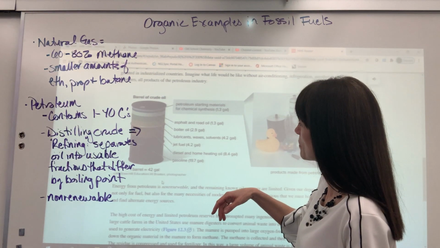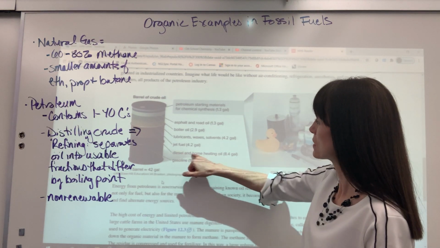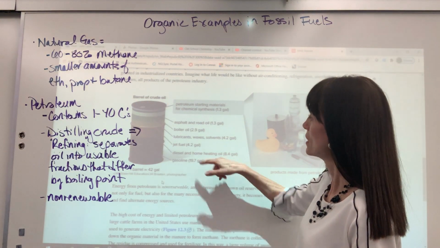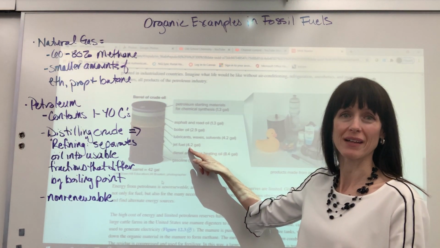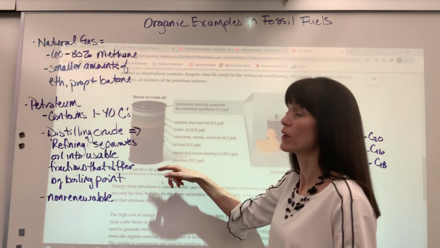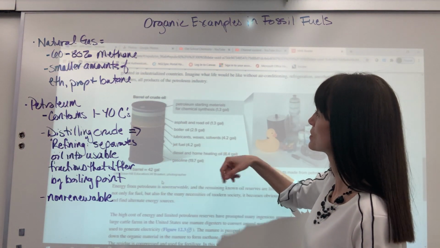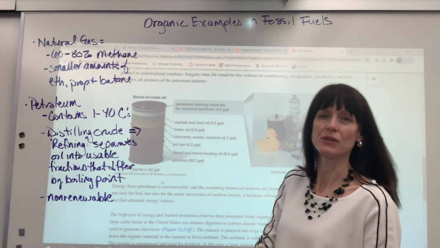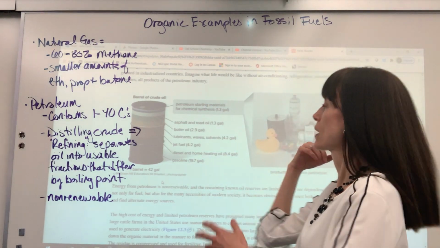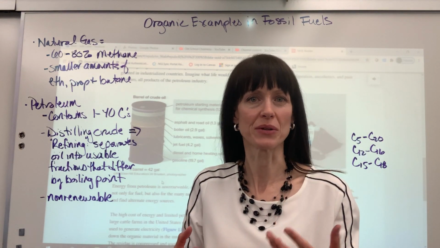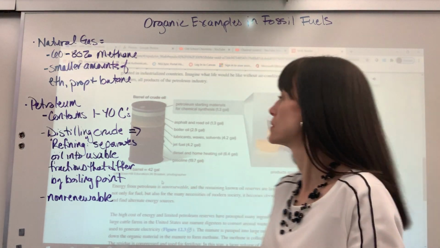A couple of other examples for you. We're going to have diesel and home heating oil. That's going to be about 20%, 8 gallons. Jet fuel, 4.2 gallons. So about 10% of all oil goes to jet fuel. Asphalt on roads, lubricants, waxes, and then we also use it in chemical synthesis. So kind of an interesting breakdown of when we pull this petroleum out of the earth, the percentage of how it's used and where it goes.